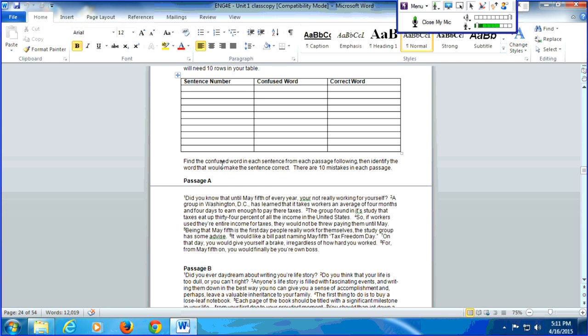Passage A. It says, did you know that until May 5th of every year, you're not really working for yourself? A group in Washington, D.C. has learned that it takes workers an average of 4 months and 5 days to earn enough to pay their taxes.